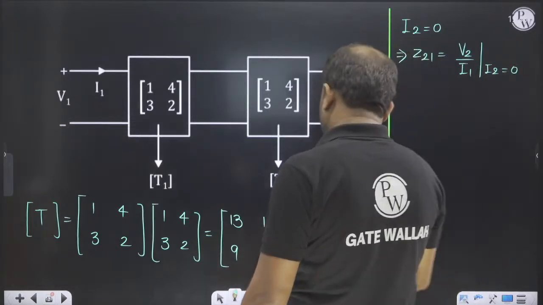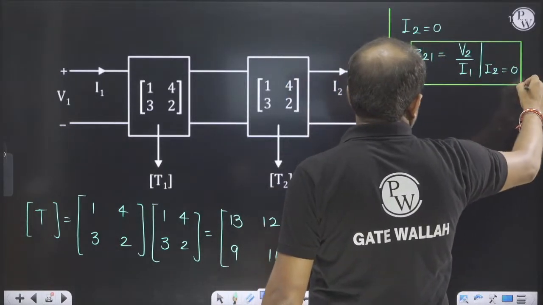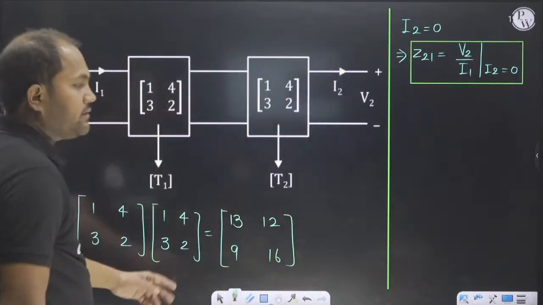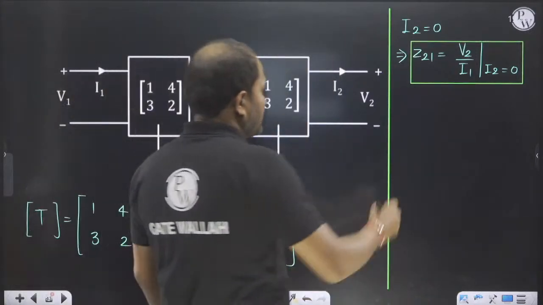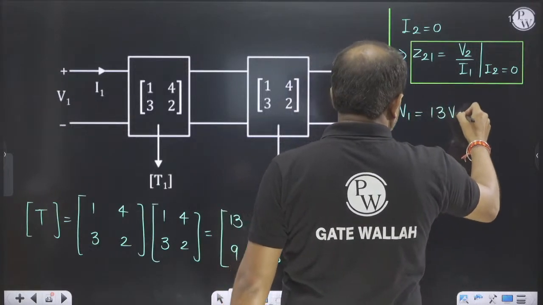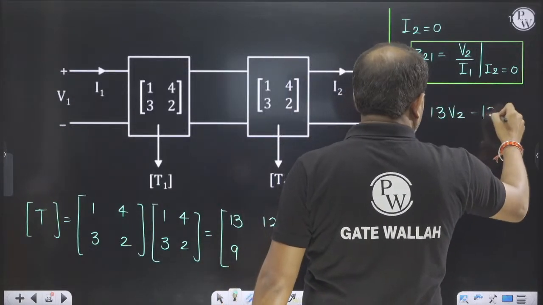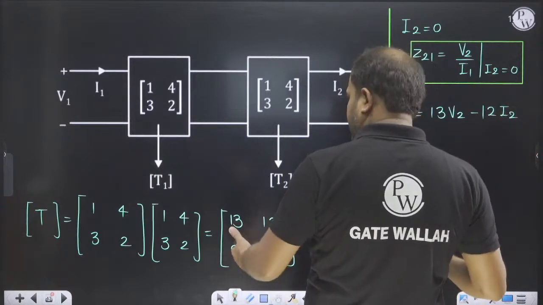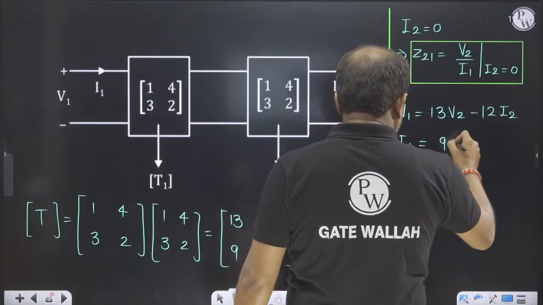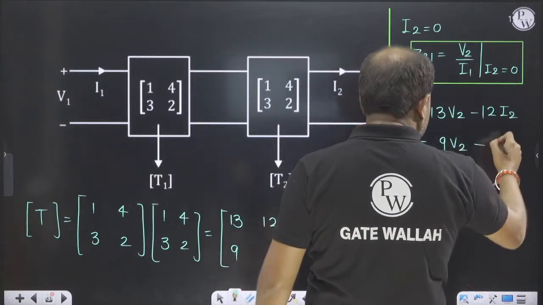So I will write the equations: V1 is equal to 13 V2 minus 12 I2, and I1 is equal to 9 V2 minus 16 I2.